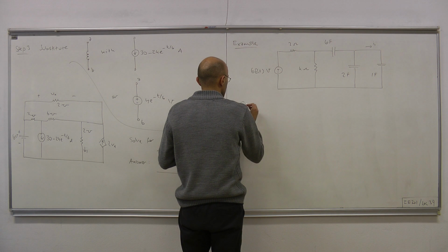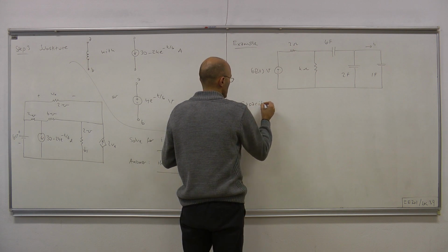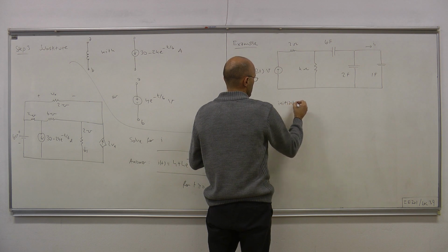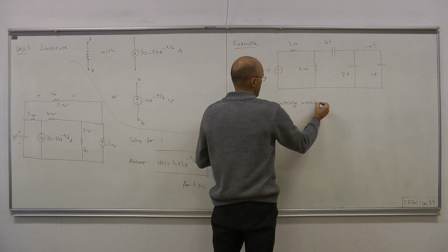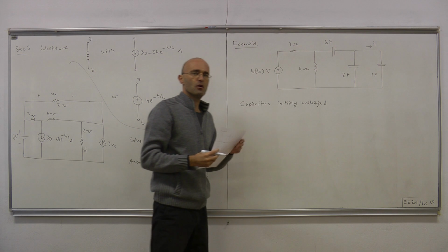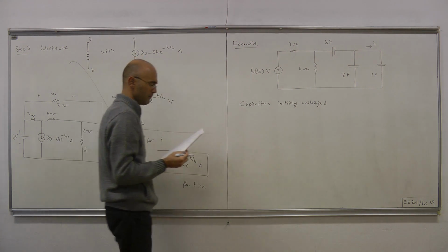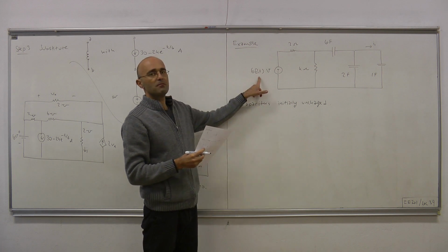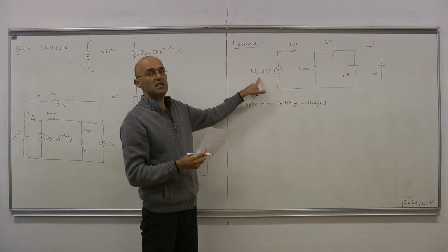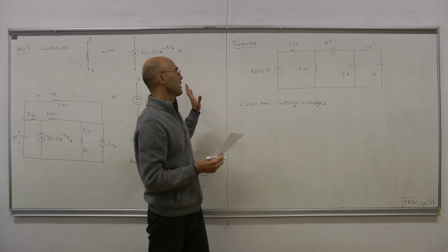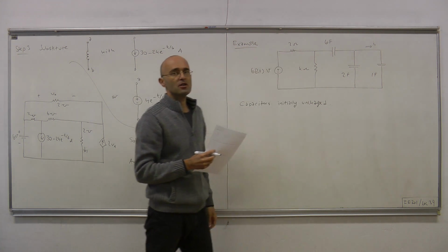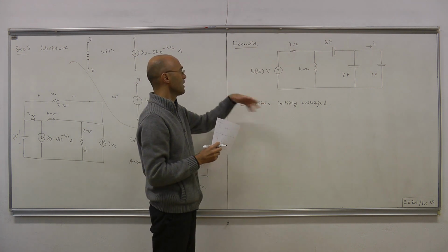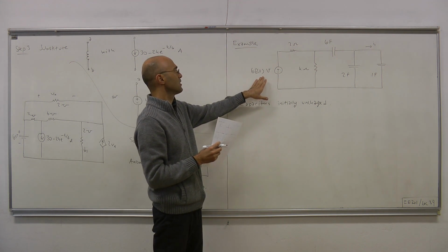So capacitors are initially uncharged, so all the initial voltages are 0. And then what happens is this does what it does at t equals 0. This impulsive current will charge capacitors to some values, and then after that happens, this becomes a short circuit.